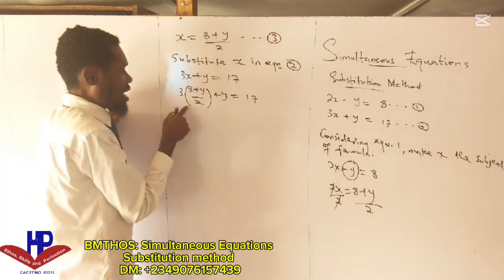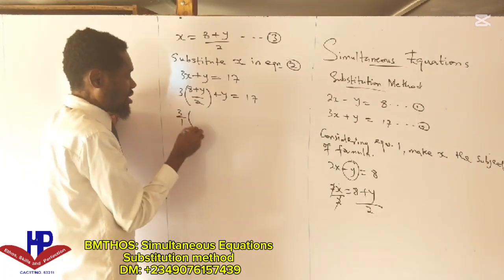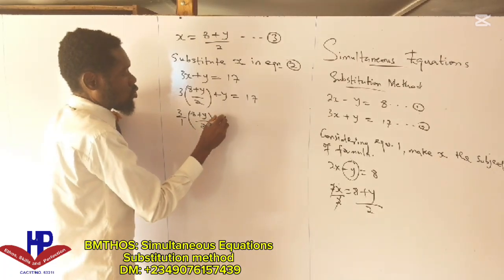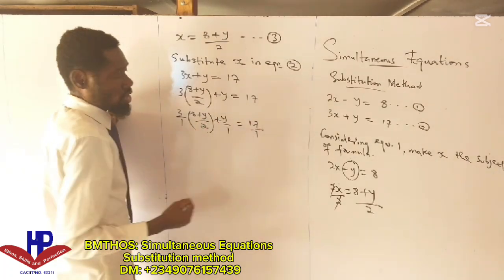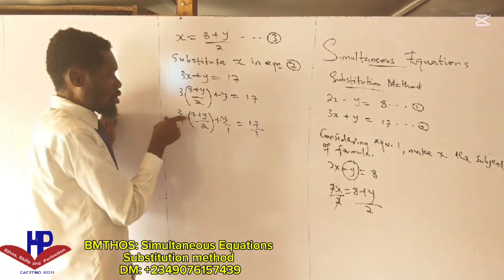If I open up this bracket, this is the same as writing 3 over 1 into (8 plus y) over 2, plus y over 1 is equal to 17 over 1, if you wish to put them all in fractional form. So let's open up this bracket.